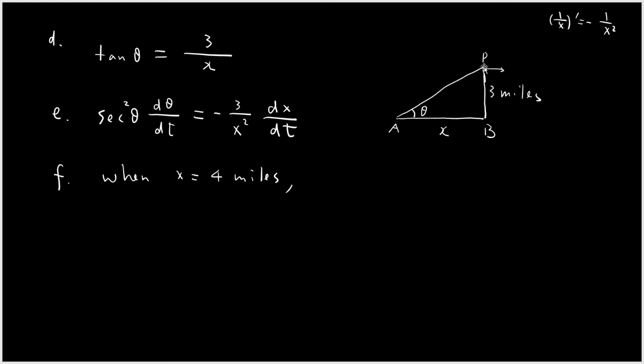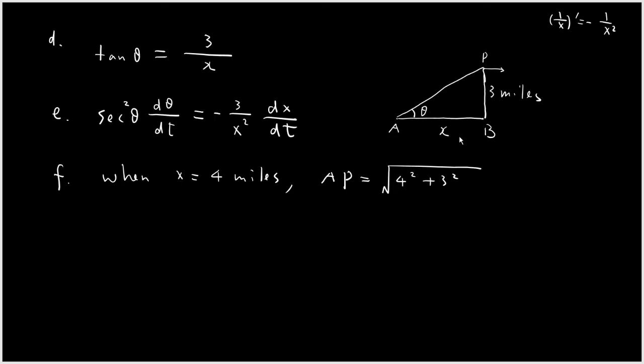Using the Pythagorean theorem, the line segment AP, the distance between the observer, which is you, and the plane, equals the square root of 4 squared plus 3 squared.